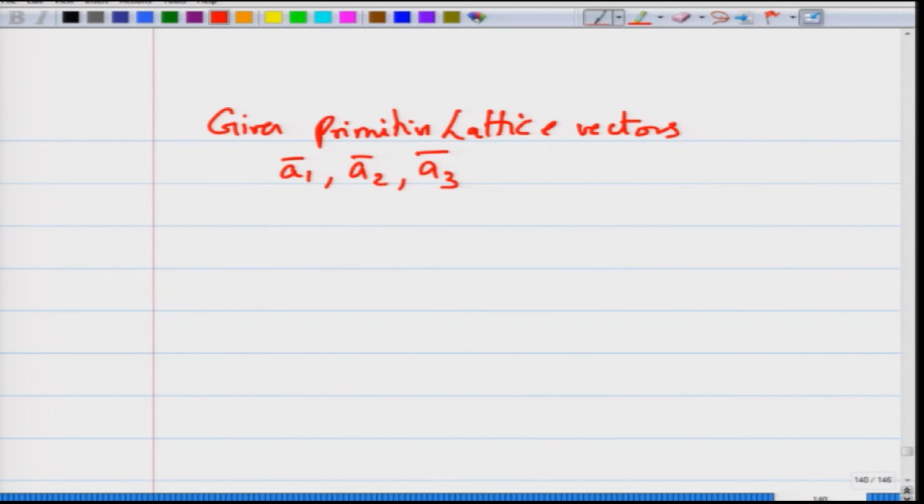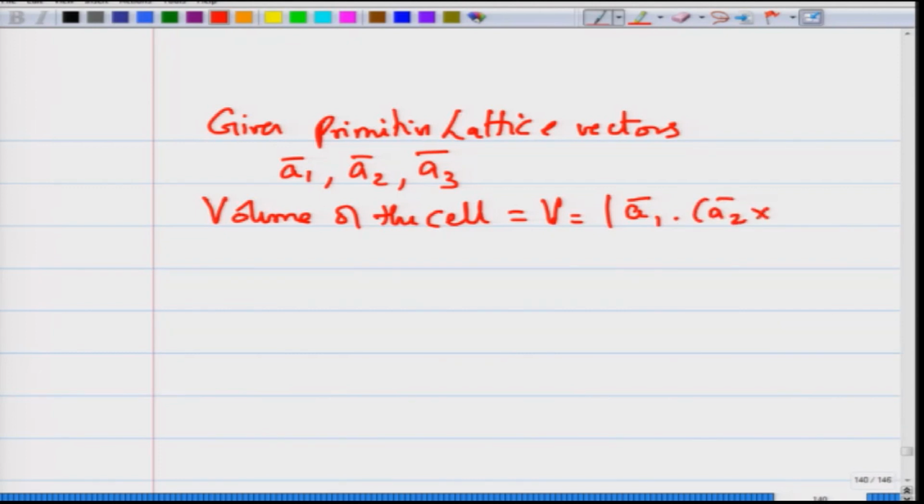Given the primitive lattice vectors A1, A2, A3, the volume of the cell V is the magnitude of A1 dot A2 cross A3. This you know from your vector analysis, that the volume of the cell given these 3 vectors is defined like this, and if you have 2 dimensions, of course you have the area of the primitive cell.